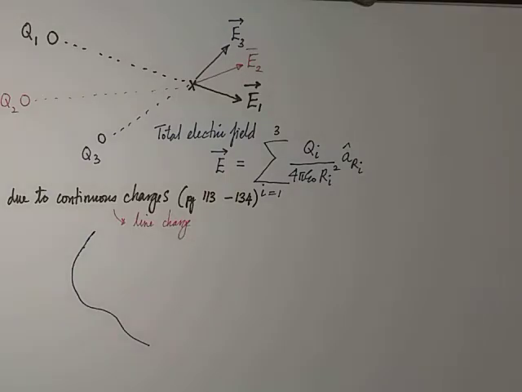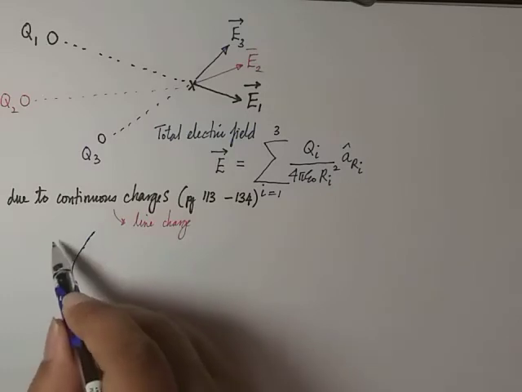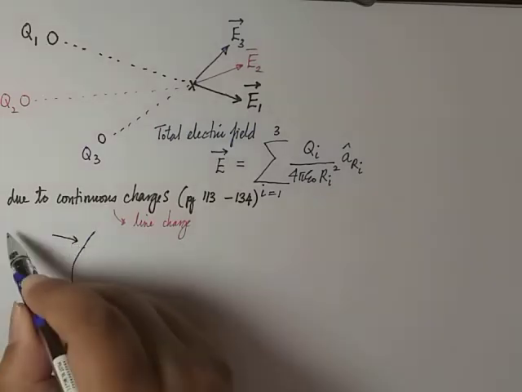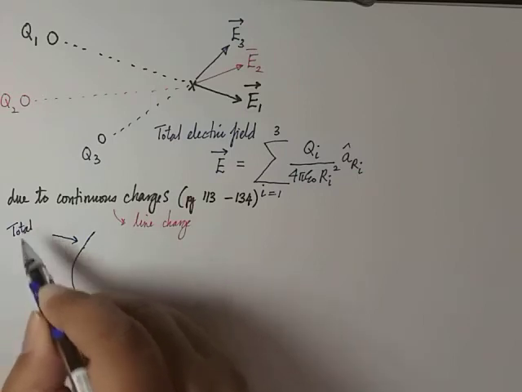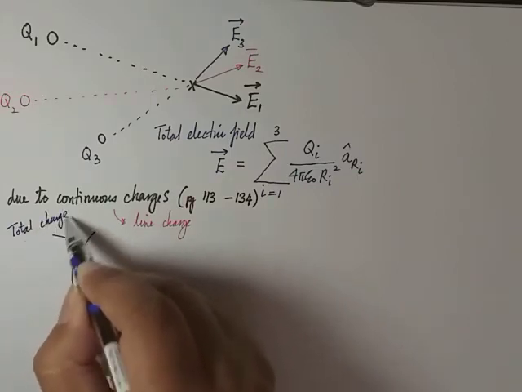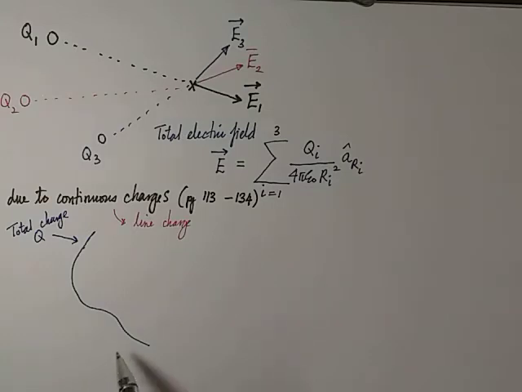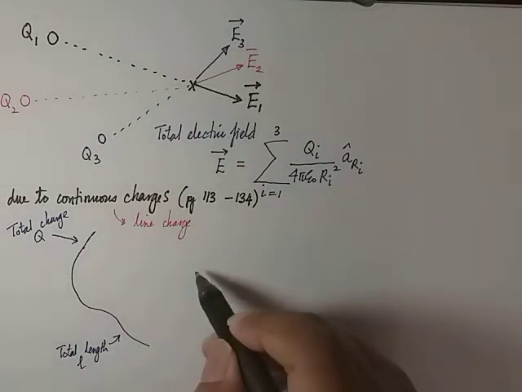And then we know that the line contains total charge Q. And then we also define before the second parameter that we always look for, the total length. So let's make it L. I want to find the field, which is electric field intensity due to the line charge.